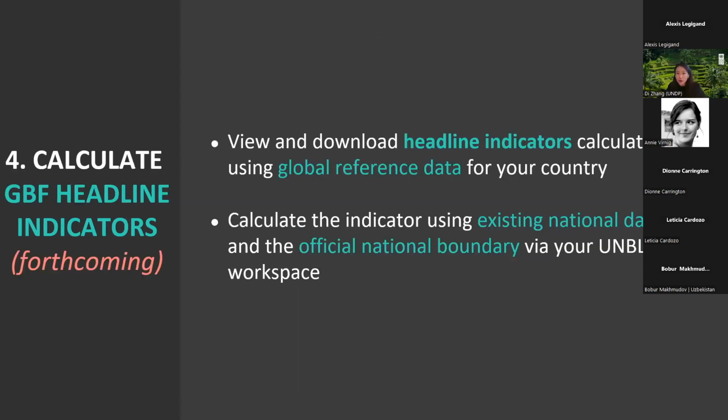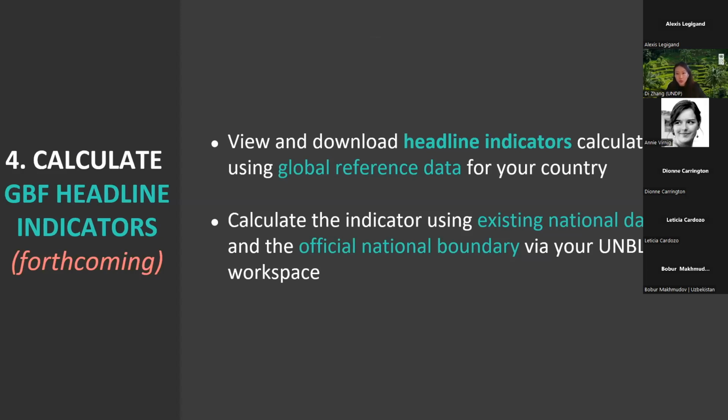All right, and then of particular relevance to develop national monitoring system for the GBF. In the coming years, in 2024 to 2025, UNBL will add the ability to view and calculate headline indicators if the indicator requires spatial data in the calculation.